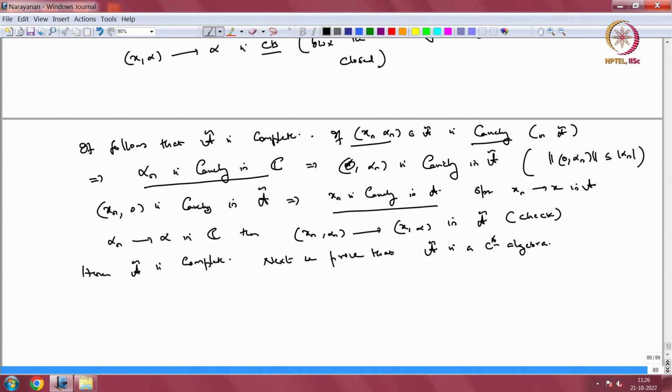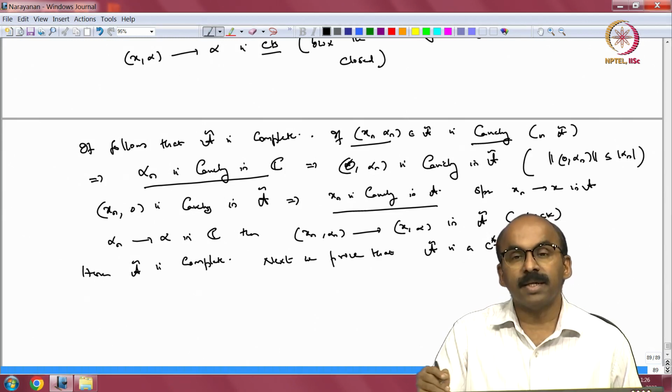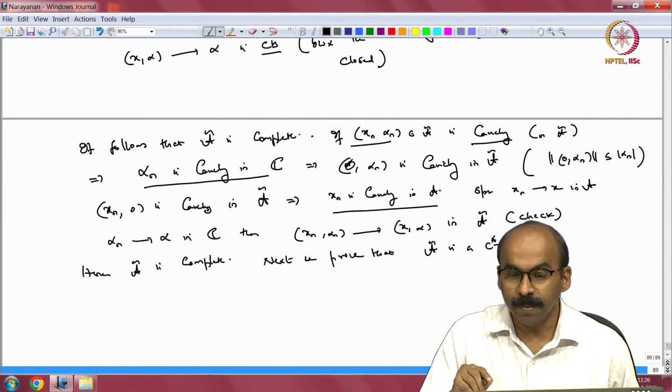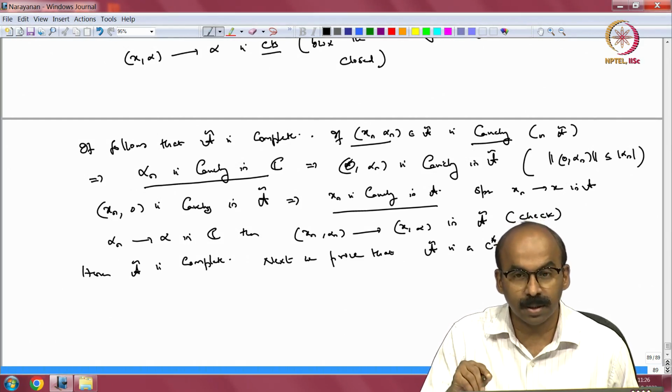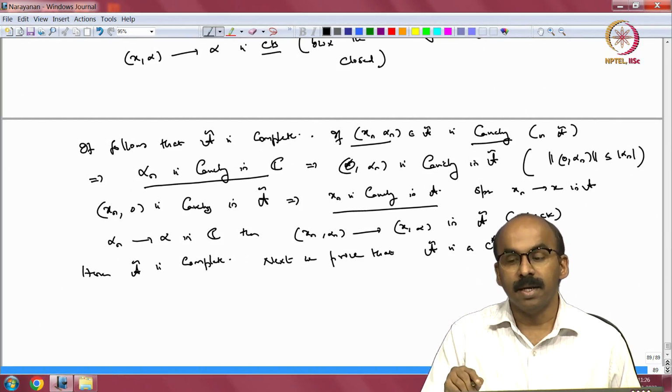So, the norm on A tilde, the bigger space, was the operator norm of multiplication by (x, alpha) on the left. We have proved that it is a norm, that when we restrict it to A we get the original norm on A, that it obviously satisfies the Banach algebra property, and that with respect to the new norm A tilde is complete. So, what is remaining is to prove that it is a C star algebra.